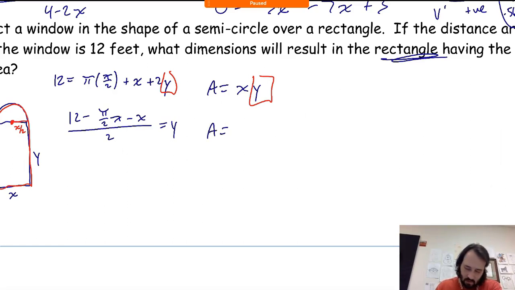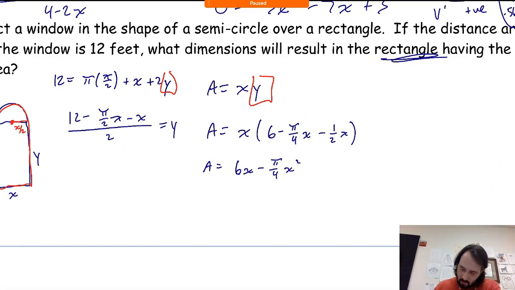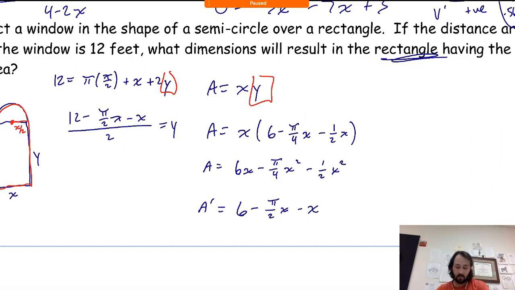So I'll substitute that into my area. So I have 6 minus pi over 4 x minus 1/2 x, and then times x, so my area is 6x minus pi over 4 x squared minus 1/2 x squared. If I do my derivative, that's 6 minus pi over 2 x minus x, and I can solve for when that is equal to 0.